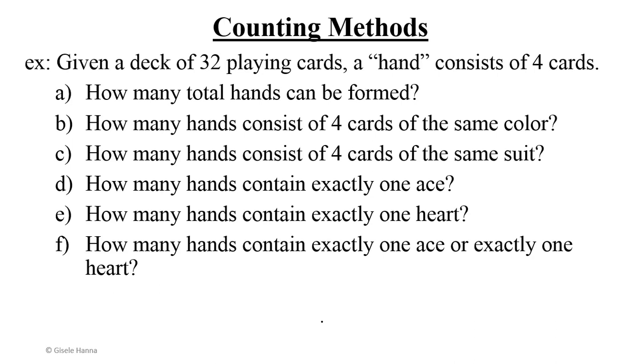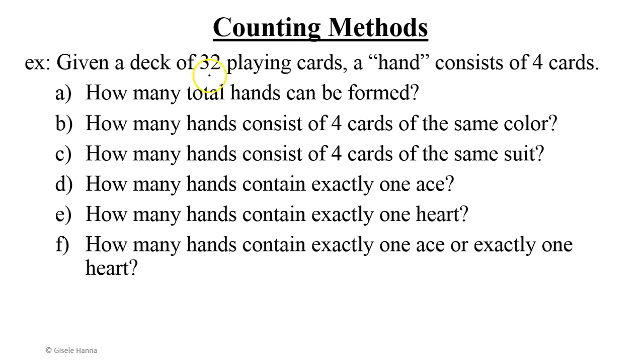Now in this next example, we are given a deck of 32 playing cards, where a hand consists of 4 cards. Usually a complete deck of cards consists of 52 cards, but over here we actually have 32 playing cards.